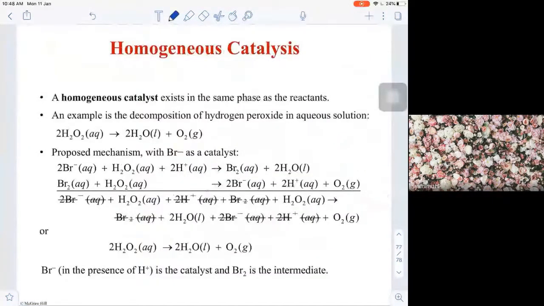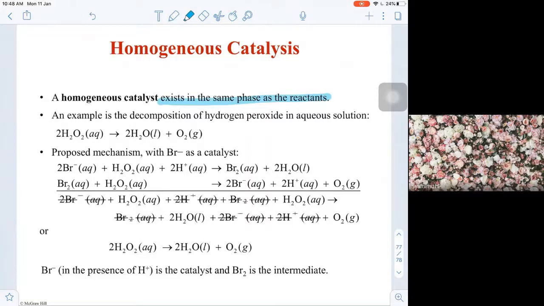About catalysts, you have to know that there are two types of catalysts, homogeneous and heterogeneous. Homogeneous is the catalyst that exists in the same phase as the reactant.